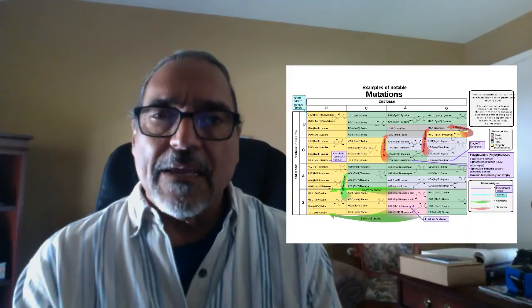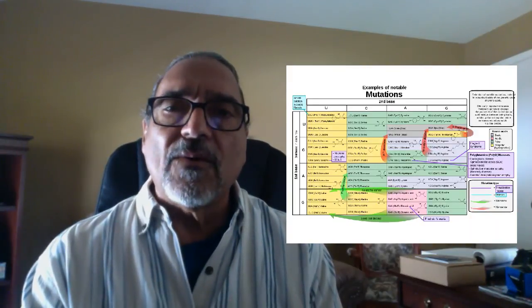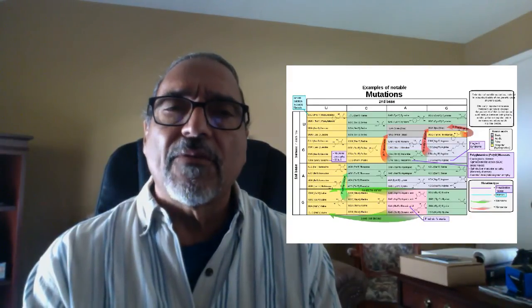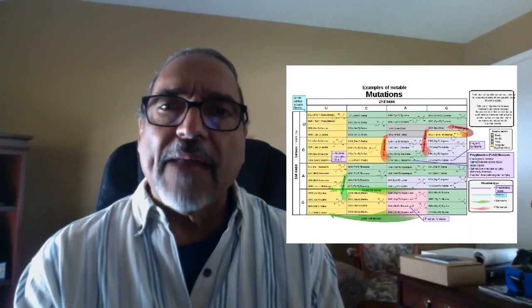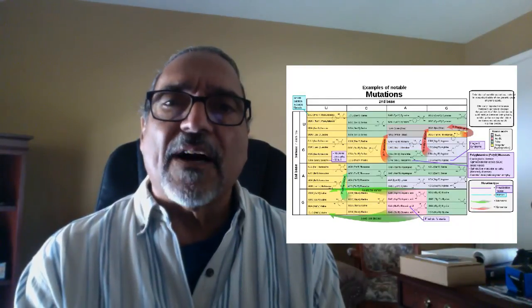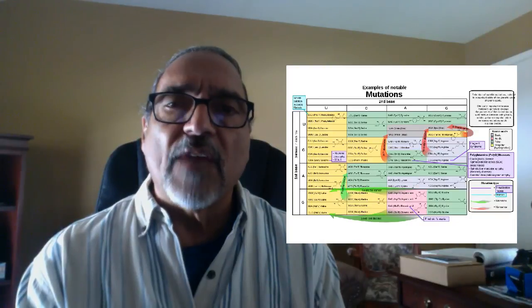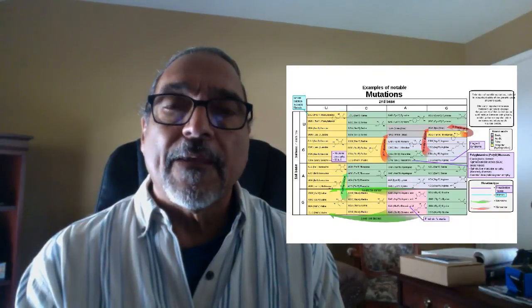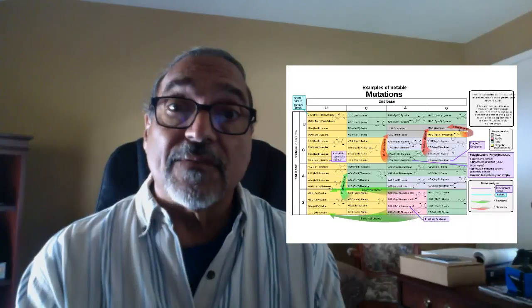How many of these known inherited disorders can be identified by simple mutation? And the answer is less than 5,000.